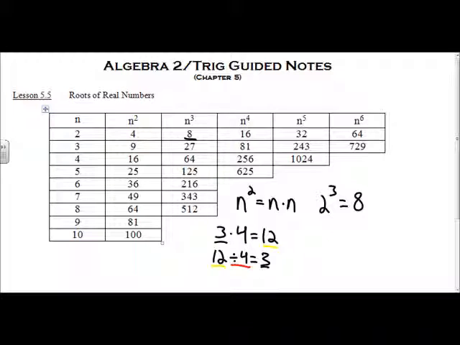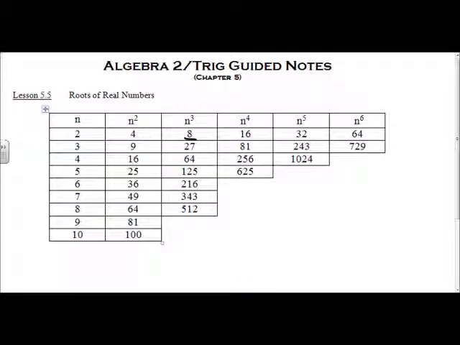In this case over here, we can take the cubic root of 8, and that'll get us back to 2 where we started. So that's what's called the inverse operation. So the inverse of cubing a number would be taking the cubic root. Similarly, we have squaring. The inverse would be the square root.